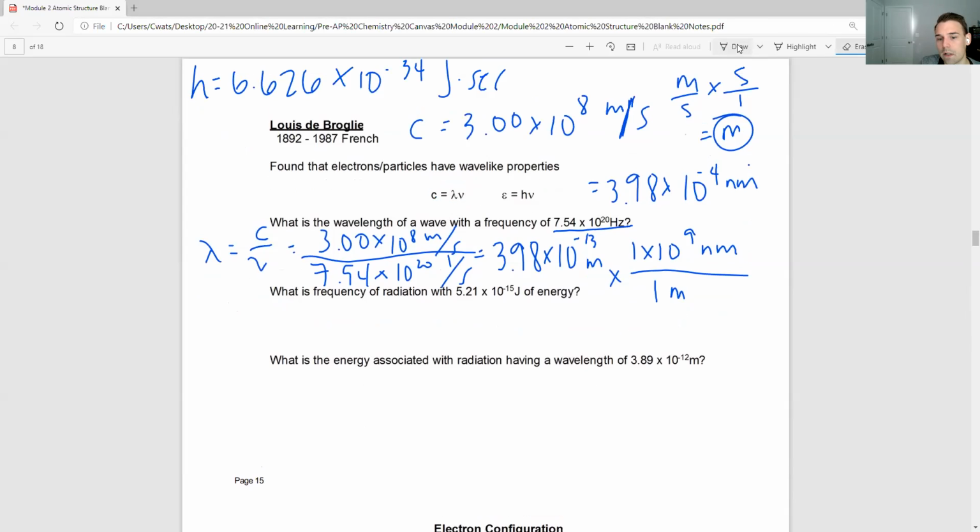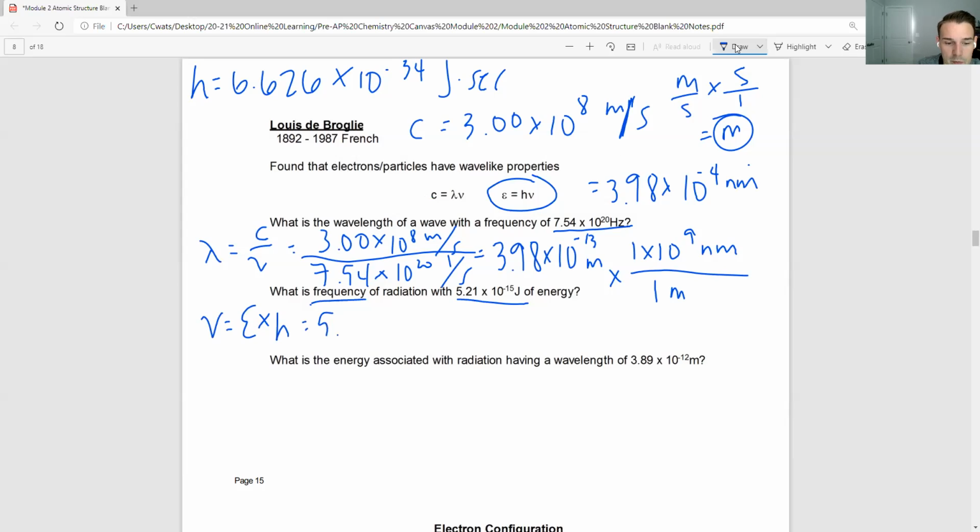So now we'll look at the next one. What is the frequency with energy 5.21 times 10 to the negative 15th joules? So I'm going to use the second equation, E equals h nu. And I'm going to, again, rearrange for just frequency. So frequency equals energy divided by Planck's constant.